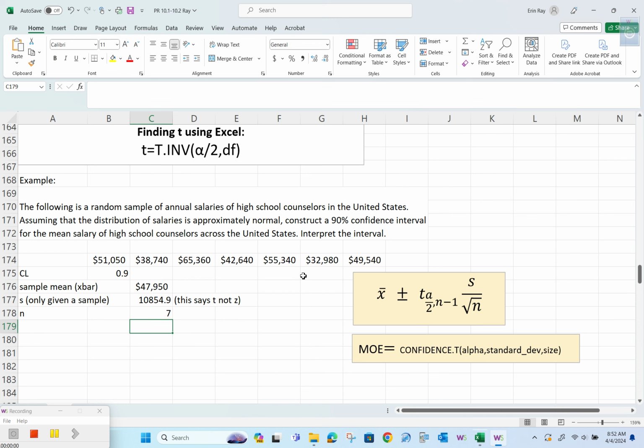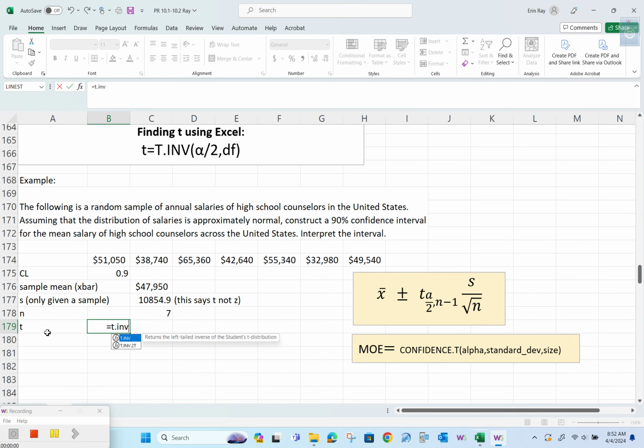Okay, putting this all together, we need this t using equals T.INV. It says the probability, and this is where I want you to practice with your formula sheet. These on Excel are not going to match what's on your note card intentionally. Excel says put this in and put this in. Your note card helps you remember what each of those represent.